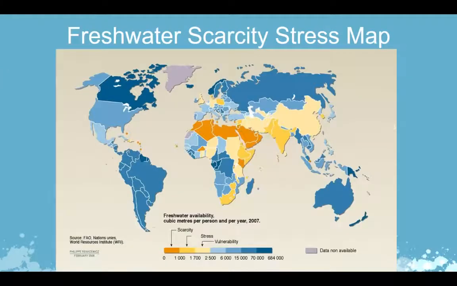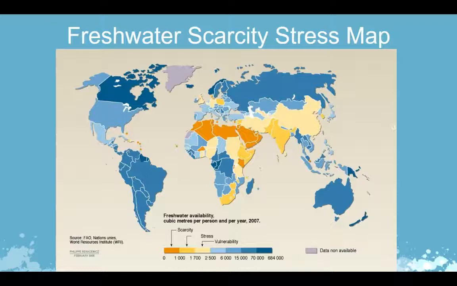This map that you see here shows freshwater availability per person in countries around the world for the year 2007. Sorry, I don't have more recent numbers. To calculate the availability of fresh water per person, specialists must take into account annual rainfall in a country and the amount of water used by households, industry, farming, and other uses, as well as the country's area and the size of its population.